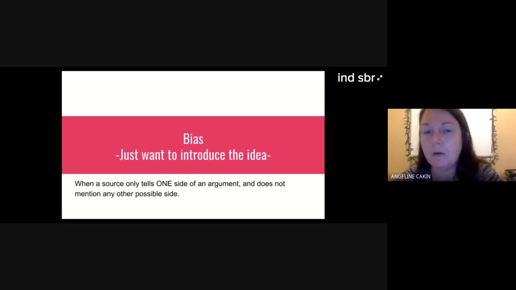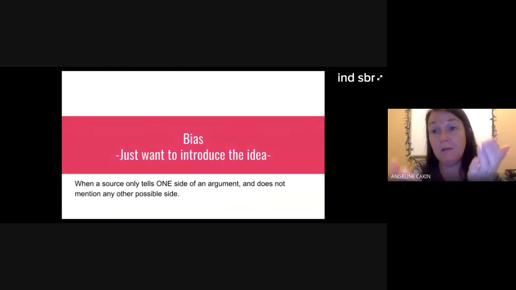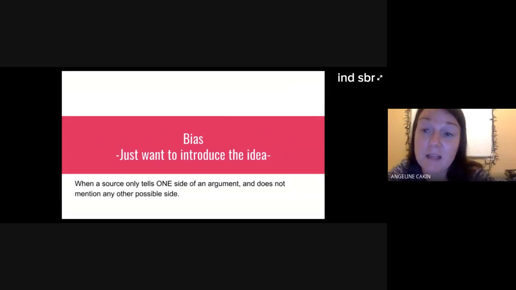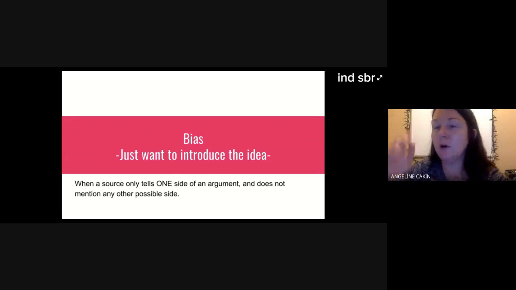So you have to make sure that your source tells you both sides of an issue, or it's biased. It's only showing you one side. Like Ms. Kakin's going to be biased about her students being the best because you guys are my kiddos and you guys are the best to me. But maybe there are other kiddos that are good too. But I'm a biased source because I know how amazing you are.